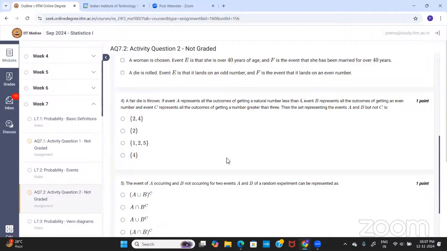Not of that event will be the complement of that event. So A intersection B in parenthesis is calculated first, then C complement is calculated separately, and then we take the intersection of these two events, right? Yes, we do it like that.